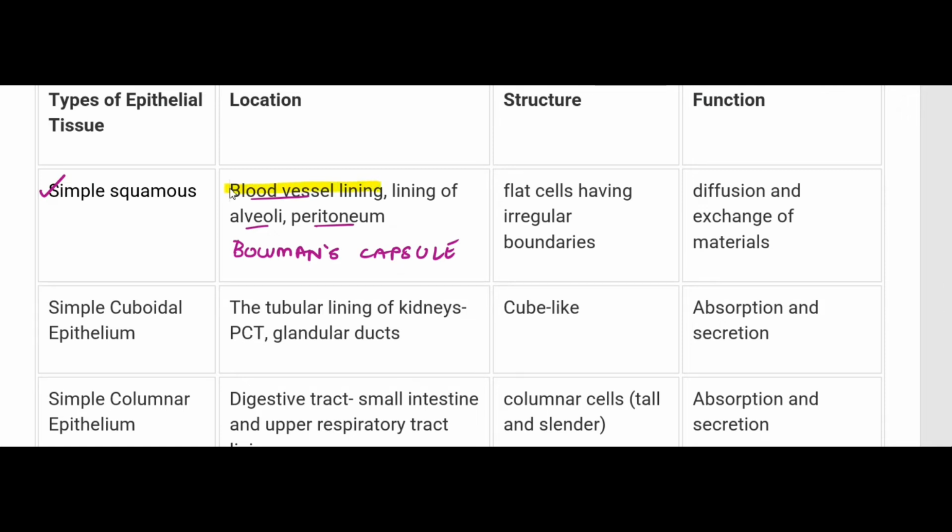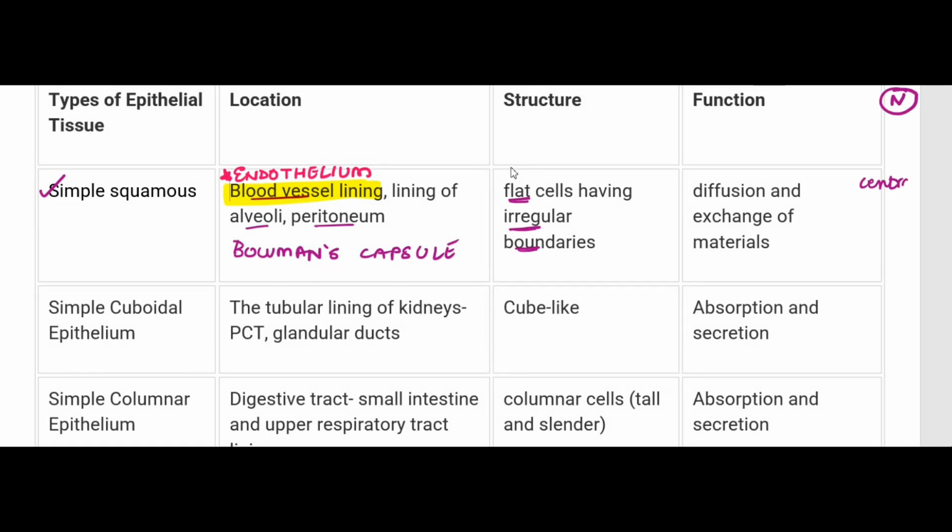So remember, endothelium is related to blood vessels. How are the cells? They are flat with irregular boundary, pavement epithelium, remember. The main function of simple squamous epithelium is to facilitate diffusion, exchange of materials and filtration.